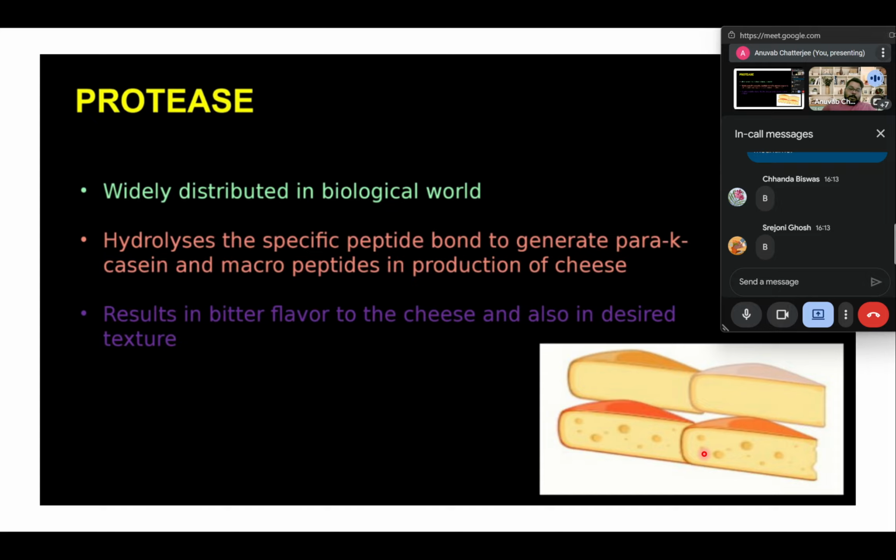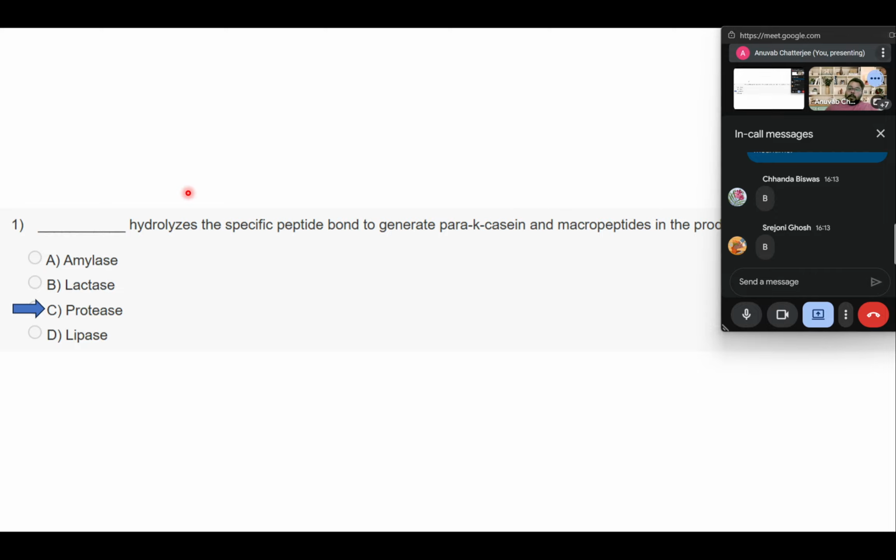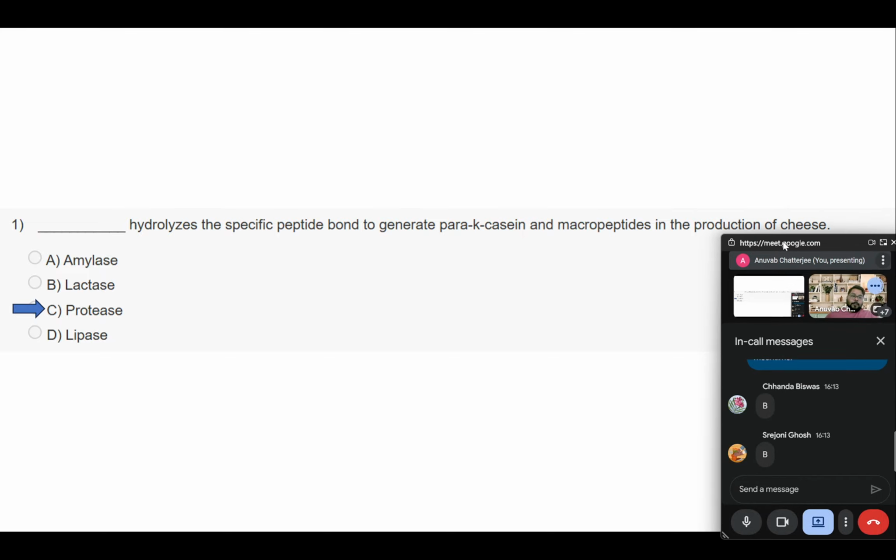So the solid cheese that we have, we make from milk, you have to put in the protease to make it. And different other enzymes are also used in different other applications, and we will see how they work in subsequent slides. But blank hydrolyzes the specific peptide bond to generate casein and macropeptides in production of cheese. The answer is C, protease.